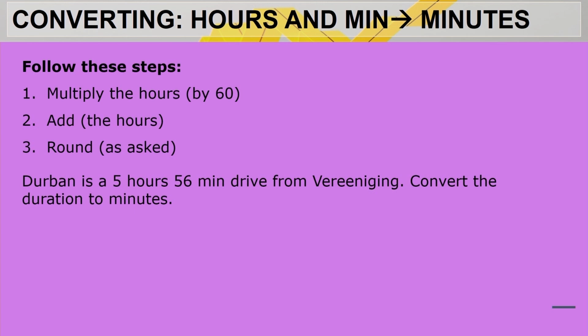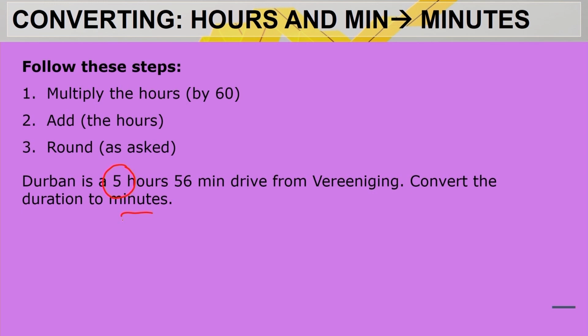If we look at an example, again Durban. Durban is a 5 hour and 56 minute drive from Vereniging. Convert the duration to minutes. So first I'm going to take that 5 hours.